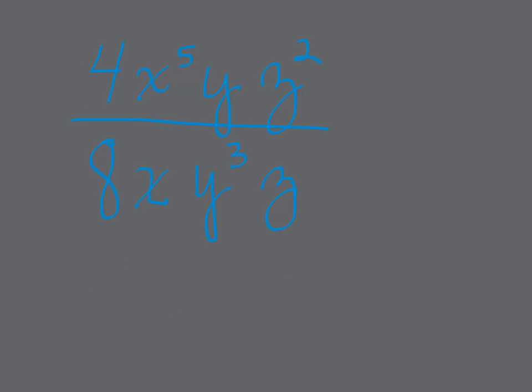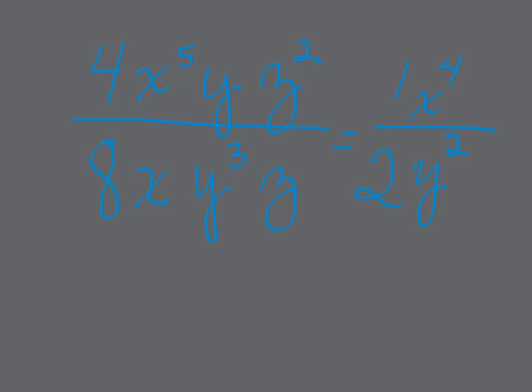Here's another example. This time we can simplify the coefficients. 4 over 8 can simplify to 1 over 2. We subtract our exponents of the x variable. 5 minus 1, which gives us 4, so we have x to the 4th remaining in the numerator. y to the 3rd divided by y, so 3 minus 1 gives us 2, and that's going to be in the denominator.